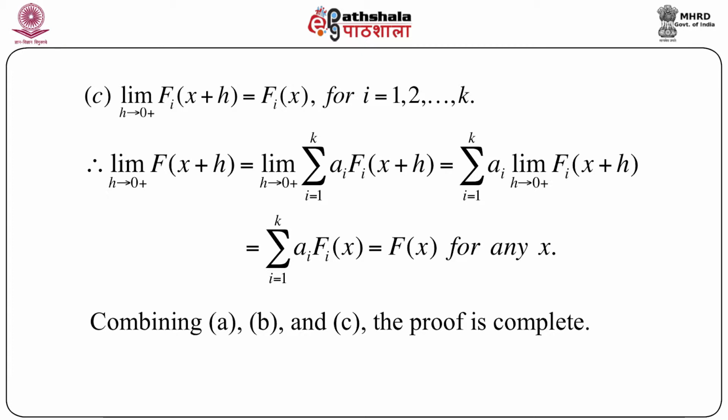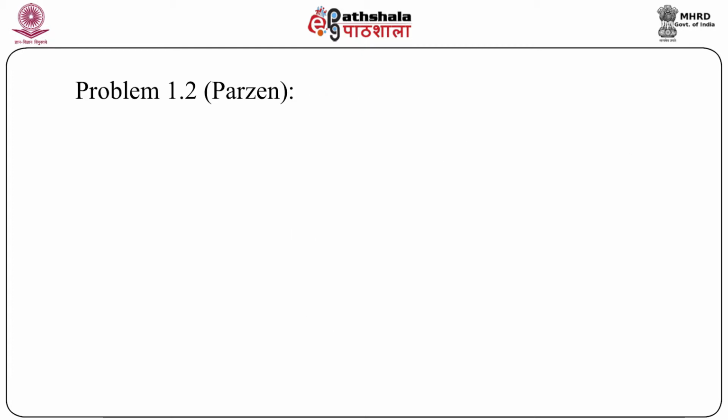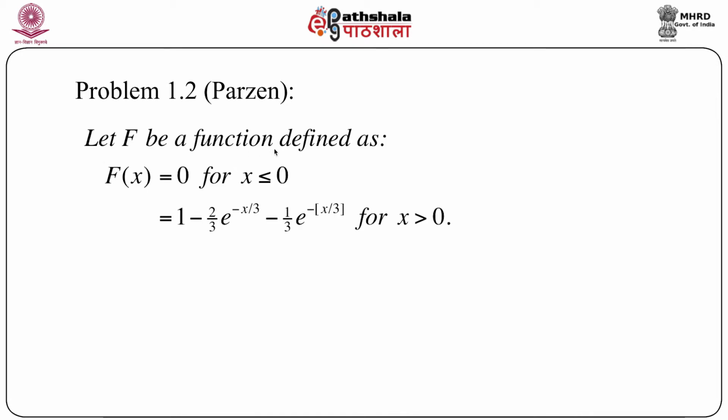Now we move on to another interesting problem on a distribution function, which is due to Pearson. Pearson actually gave one function, capital F(x) equals 0 when x is less than or equal to 0, and equals 1 minus 2/3 e to the power minus x/3 minus 1/3 e to the power minus floor of x/3 whenever x is greater than 0.